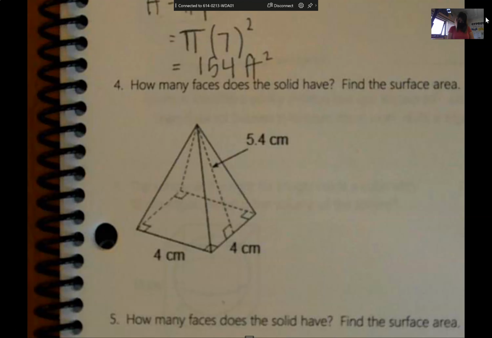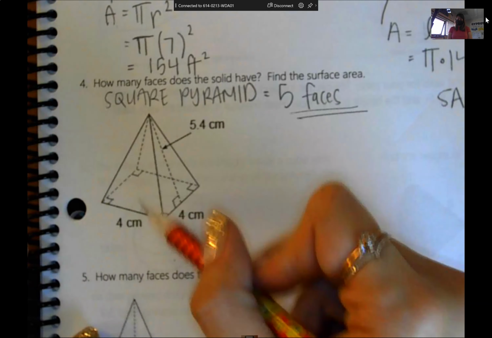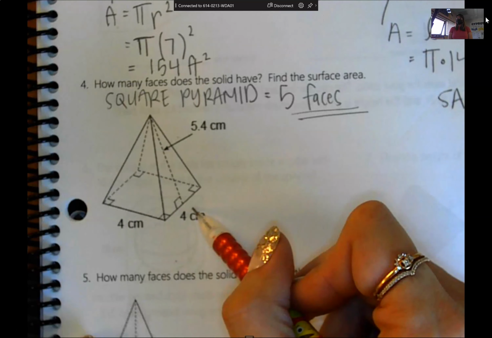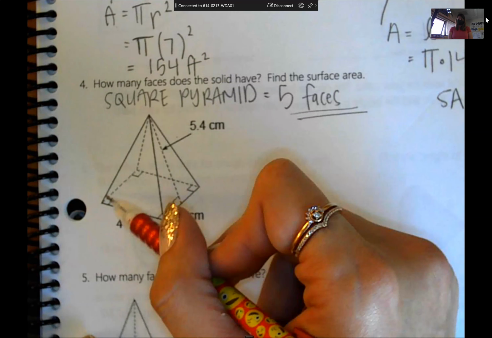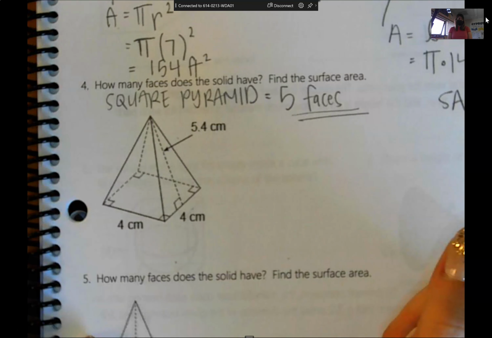About 10. 3, 2, okay, 5. It's a square pyramid. I know that it's a square because its base, its bottom, is a 4x4. And then coming out of that square are 4 triangles. So 5 total faces. You guys okay with that?